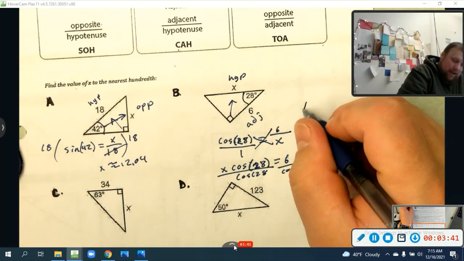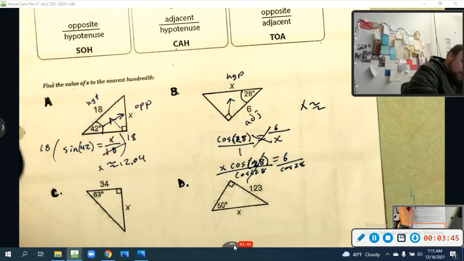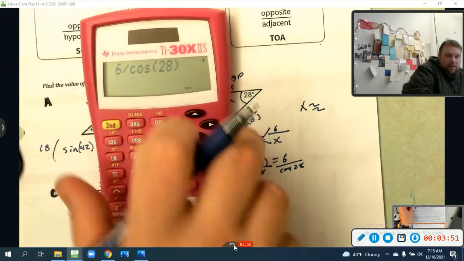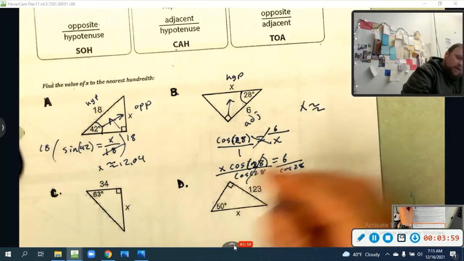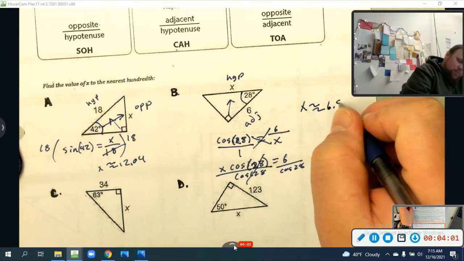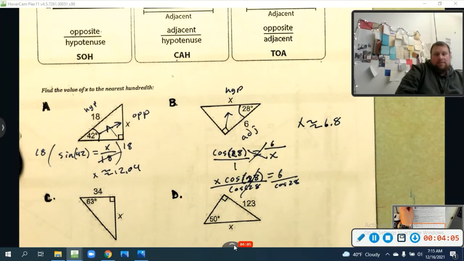And I get that x is approximately, that cancels out, 6 divided by the cosine of 28, which is approximately 6.7. That 9 would round up, so this is going to be approximately 6.8.